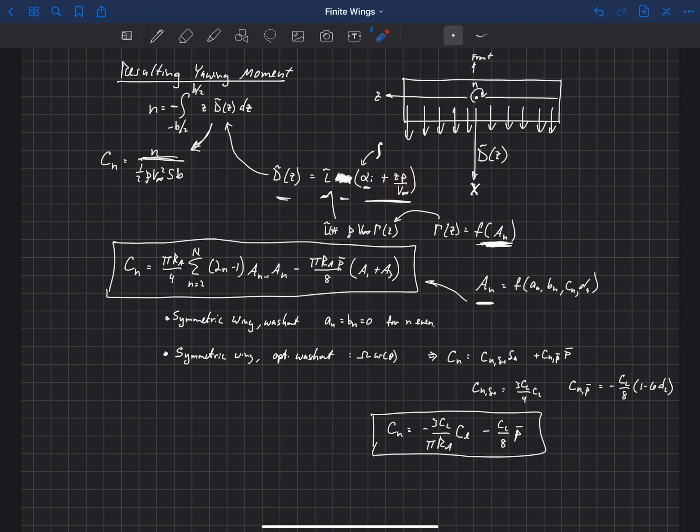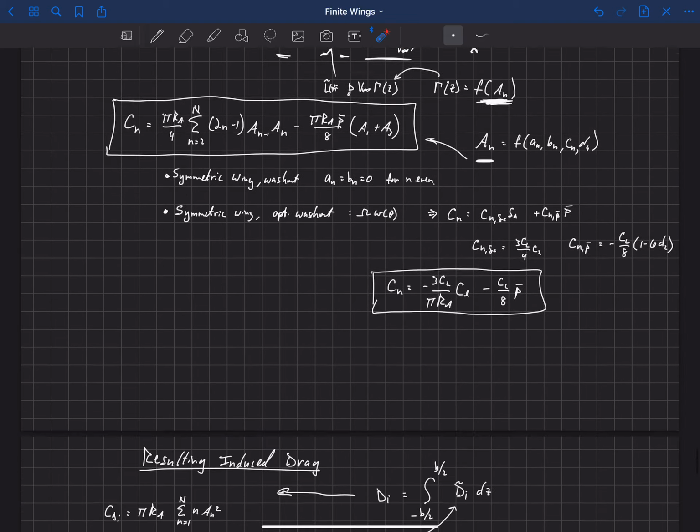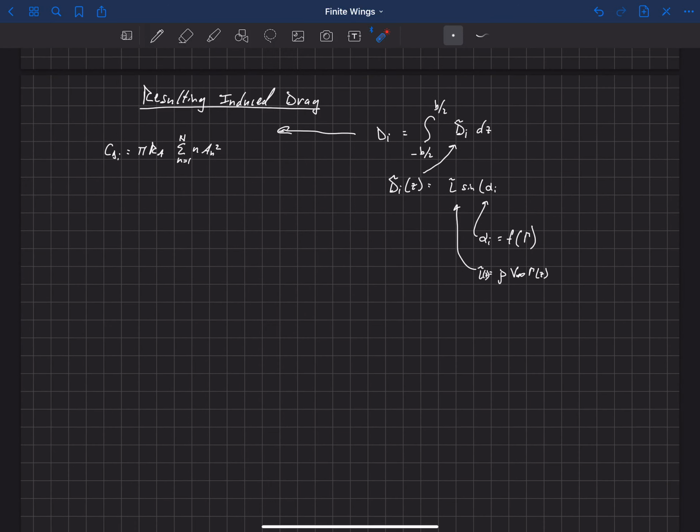Remember, we have this kind of linear change in angle of attack across the wing due to our rolling rate. And so the local angle that is changed by is zp over v infinity. So we're actually going to put that in here. So it's going to be alpha I plus zp over v infinity.